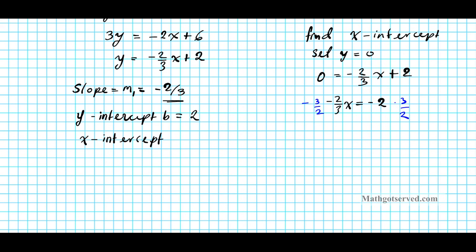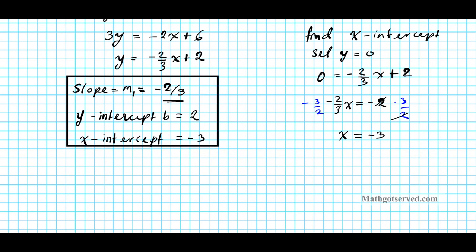So this cancels out, and here we're going to have x equals, and the 2's cancel out, negative 3. So x equals negative 3 is your x-intercept. Notice if we set x to 0 here, that'll give us y equals 2, which is the y-intercept. Okay, so these are the answers for part A.